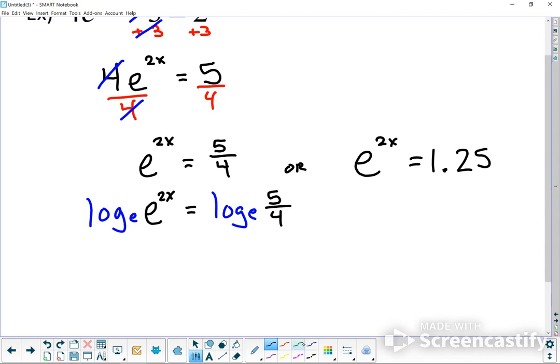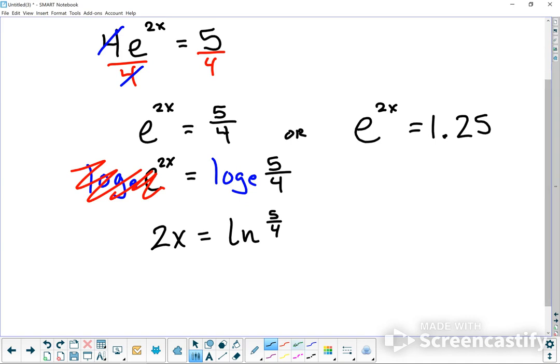Again, this will cancel, and you'll be left with 2x equals, and log base e, you know it's going to be ln of 5/4. Then to wrap this up, we just need to divide by 2, and we finally get x equals.